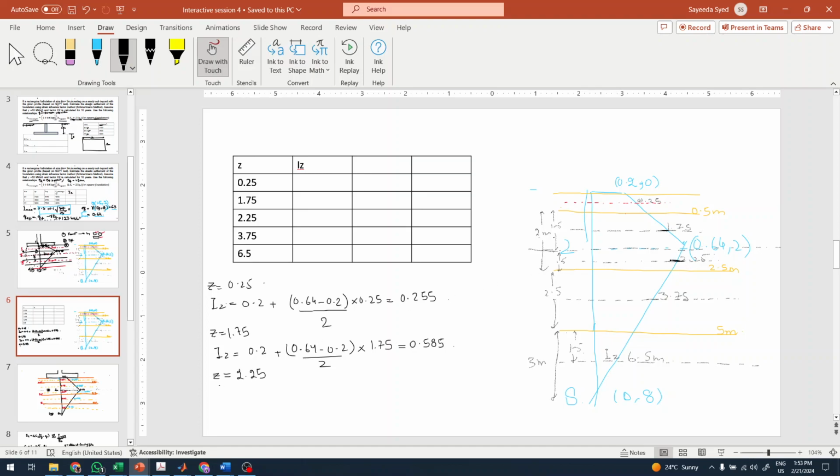So we are coming here. So let us calculate on this limb.